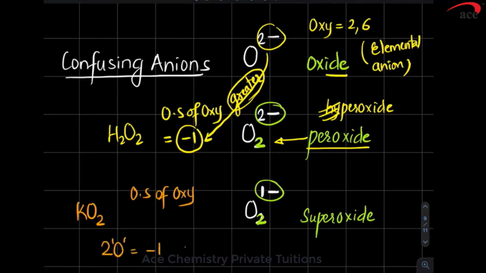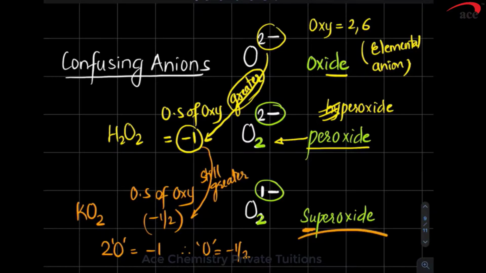Therefore, 1 oxygen has a charge of minus half. Is minus half greater than even minus 1? Yes, it is still greater. How to say still greater? You add super to it. So superoxide. You want to say oxygen is in a still higher oxidation state.